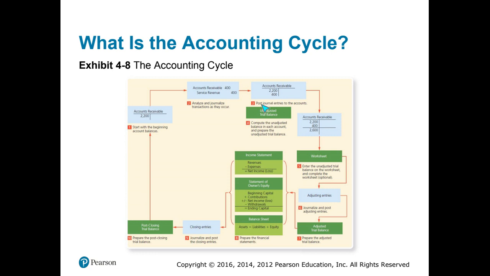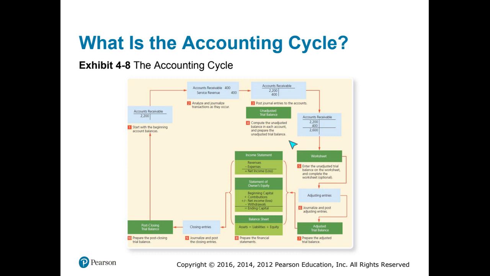And then next we're going to post journal entries to the accounts. We have this unadjusted trial balance. We're going to compute the unadjusted balance in each account, and we're going to prepare the unadjusted trial balance.